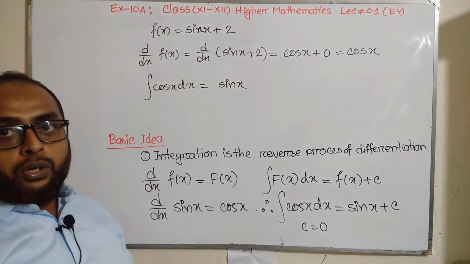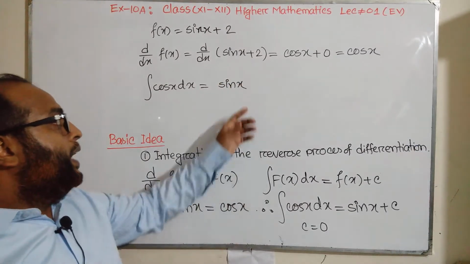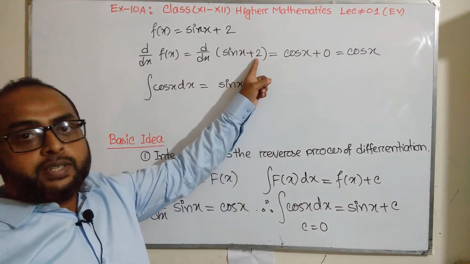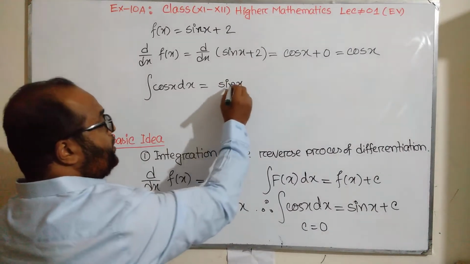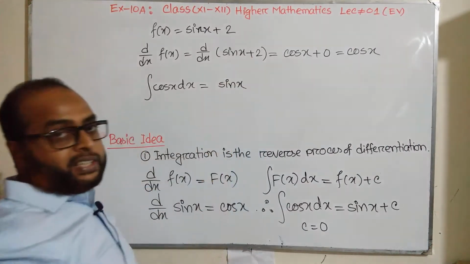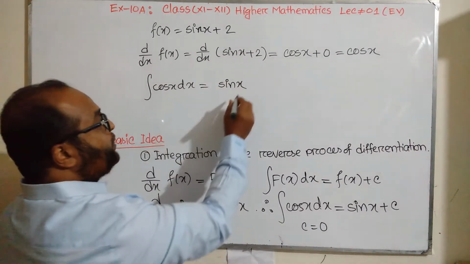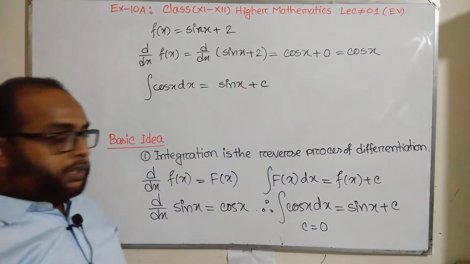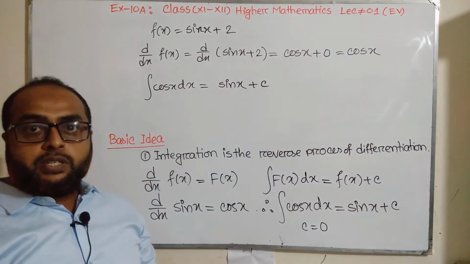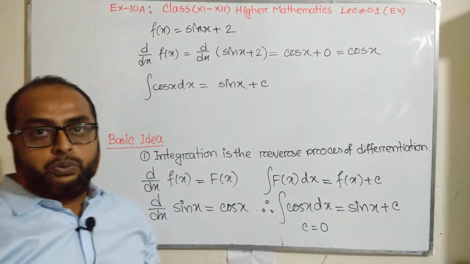Here if we miss c, then we miss this constant 2. So to avoid missing this type of constant, we have to use the integral constant c. Is that clear to you?